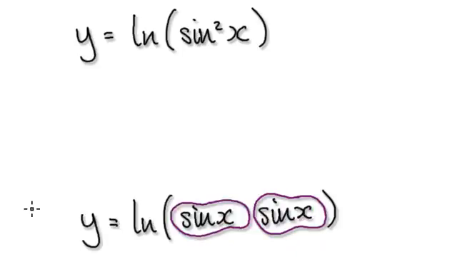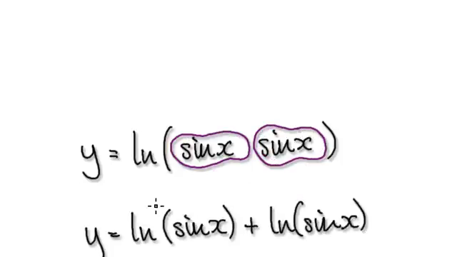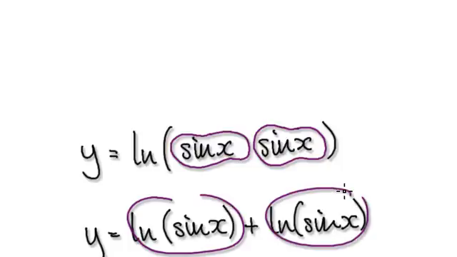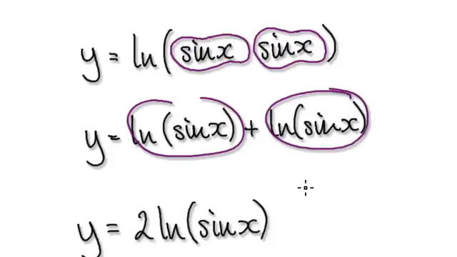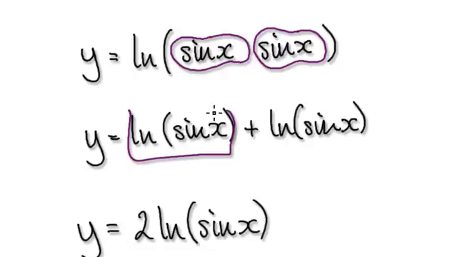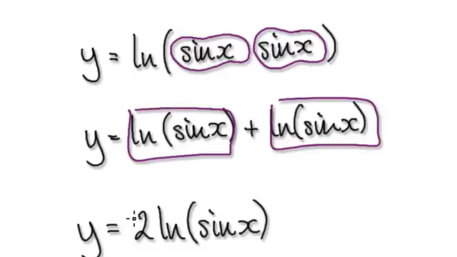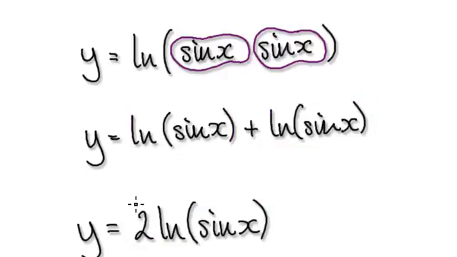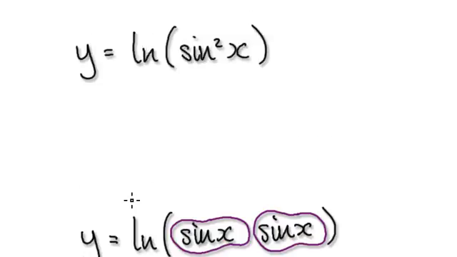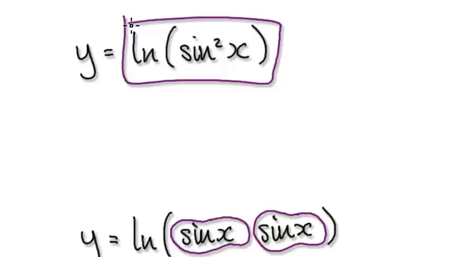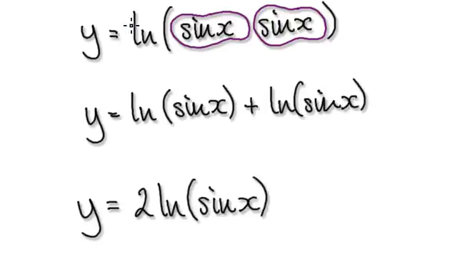Okay, so to do this, you can visualize this as sine of x times sine of x. So that's the same as doing this, and then exactly the same thing plus exactly the same thing. That will give you two of exactly the same thing. So really, this thing here is exactly the same as this here.